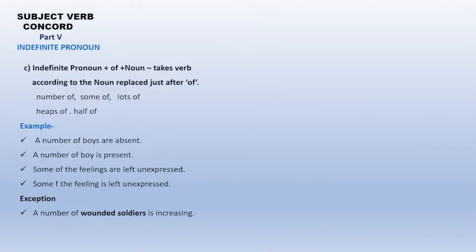There was one more rule, students. The same rule, here was an exception also. Like when we are using a number of boys are present, a number of boy is present, it depends on the later noun, the noun that has been placed before the verb, on that what verb we have to take.